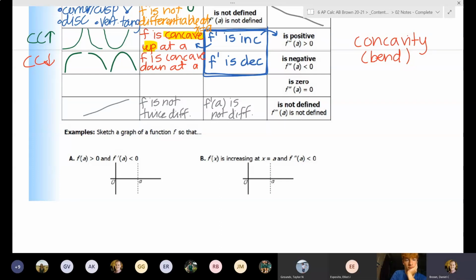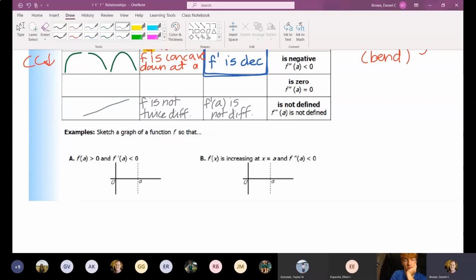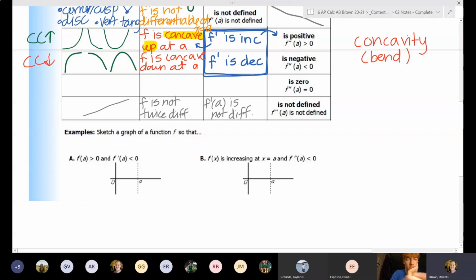This row above it, we are going to fill in some things. If I tell you that f double prime is equal to 0, this means that f prime has a horizontal tangent. And for the other parts, I don't want to give us too much at one point, so I'm going to put a question mark here for now until we get some more math behind us.